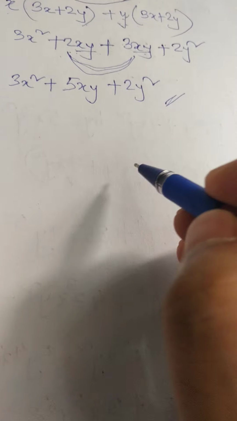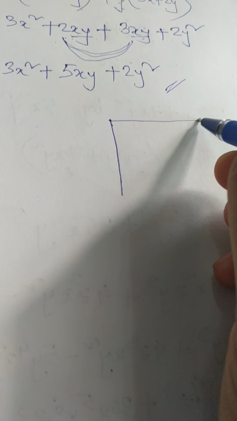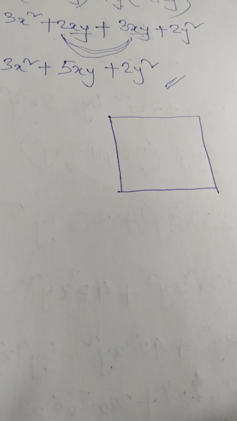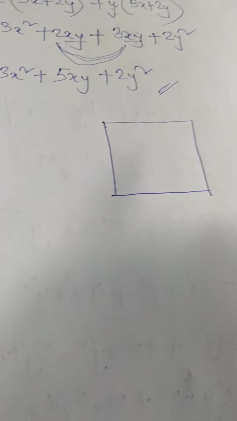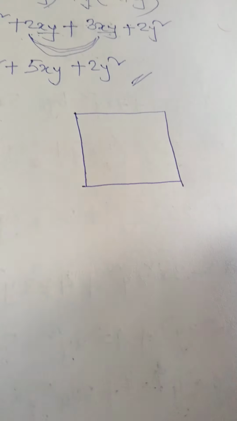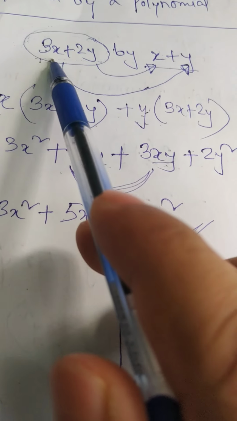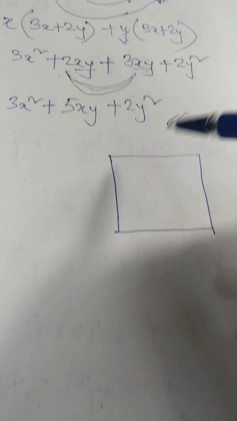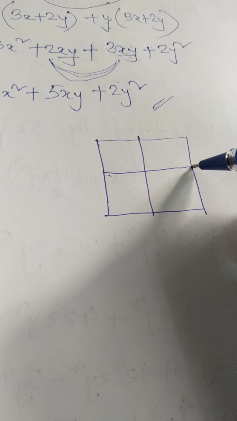Another method is the checkerboard method. So what do we do in checkerboard is, we draw a square first. We need to understand how many terms there are. You see in this case there is 1, 2, 3, 4, so 4 terms, right? So we will divide this into 4 boxes.